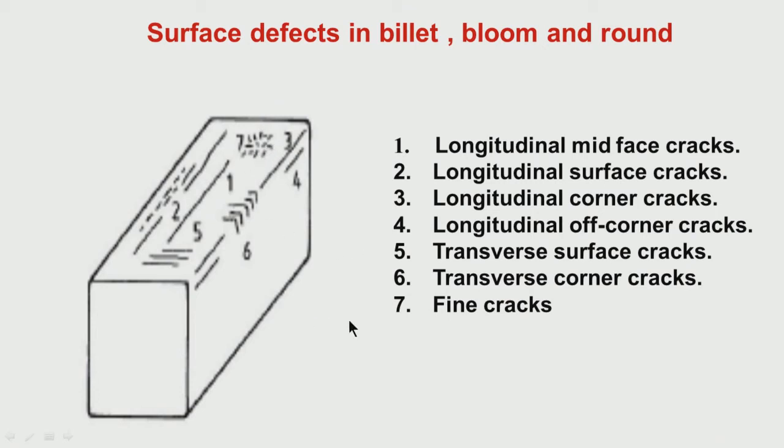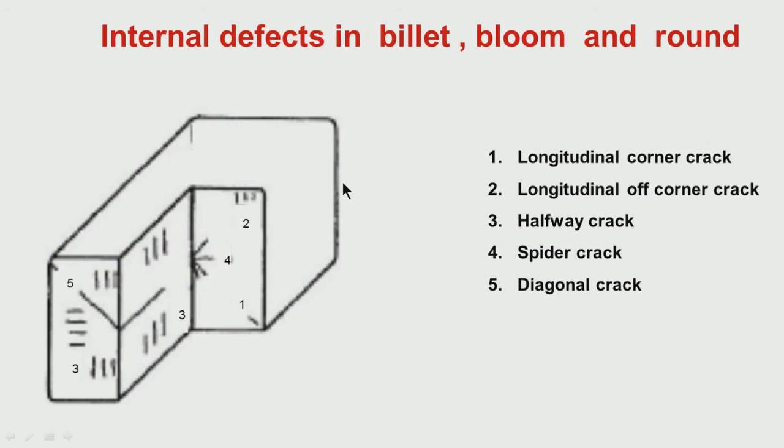So, I have tried to explain the different types of cracks on the surface of billets, blooms and rounds. Now, let us see what are the internal defects, internal cracks or other defects in billet, bloom and round. Earlier I have shown surface defects. Now, let us concentrate on internal defects.